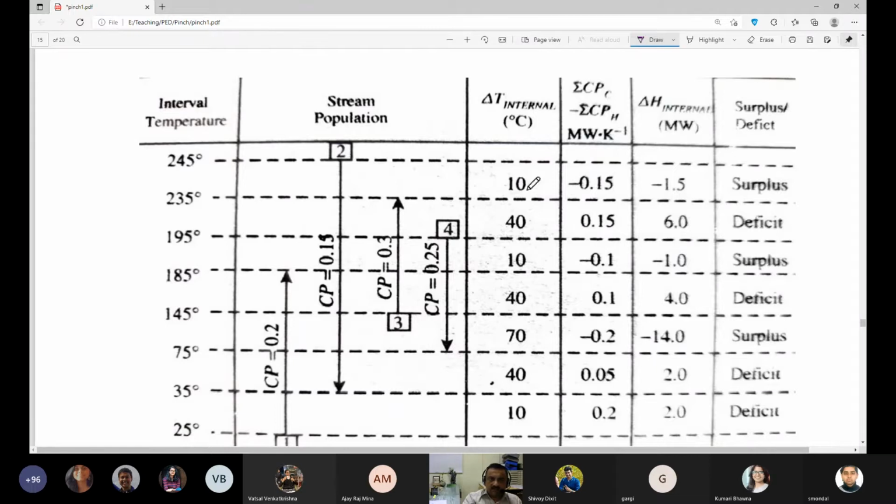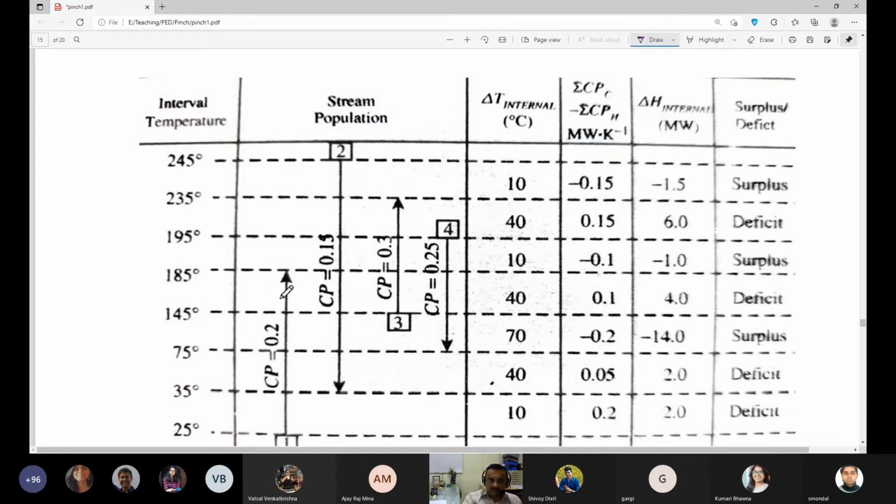And then what I do here is I find out the sum of CPC minus CPH, CP cold stream, CP hot stream. Now here we have only 2 cold streams and 2 hot streams, and probably all 4 streams are available in this interval between 145 and 185. All 4 streams are there, right?